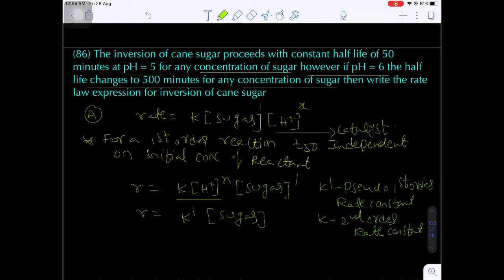Are you getting my point? Now here K dash will be equal to K into H plus ion concentration to the power x. What is the K dash value? That is the rate constant for first order kinetics, 0.693 by T50. Now which is equal to K times, what is the H plus ion concentration? Initially, if you see, when the half-life is 50 minutes, the pH value is 5.